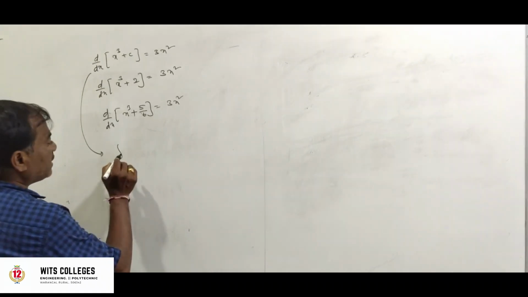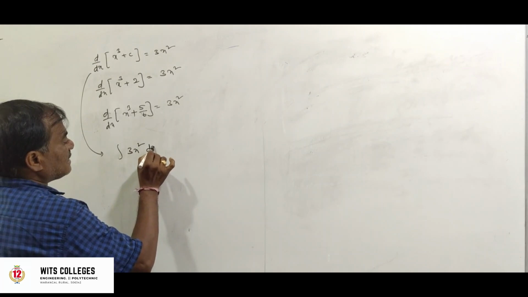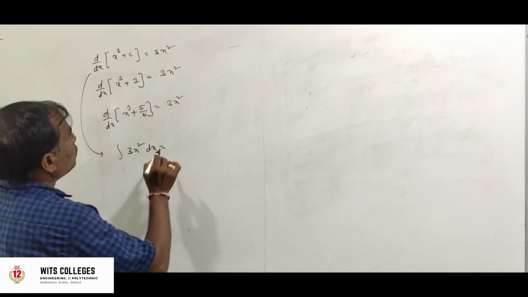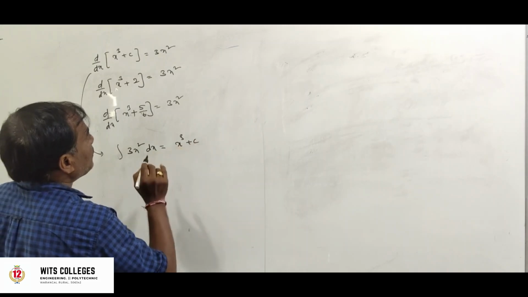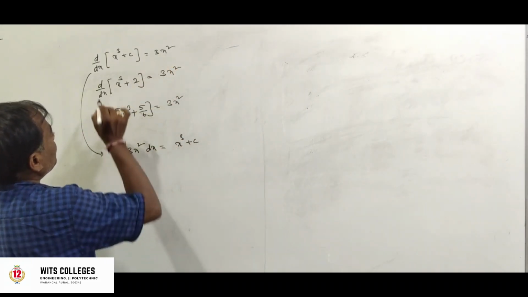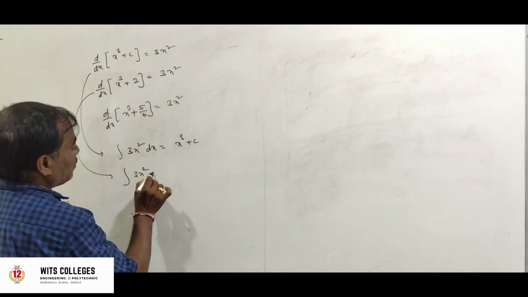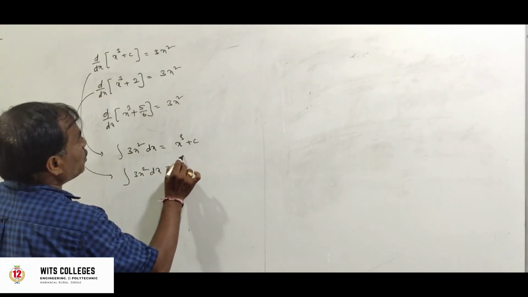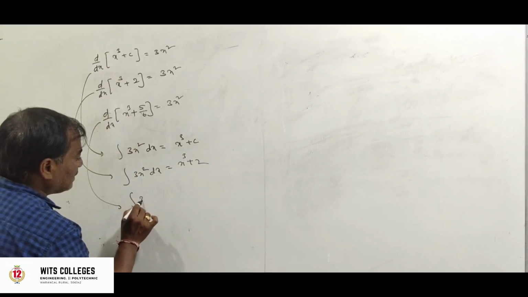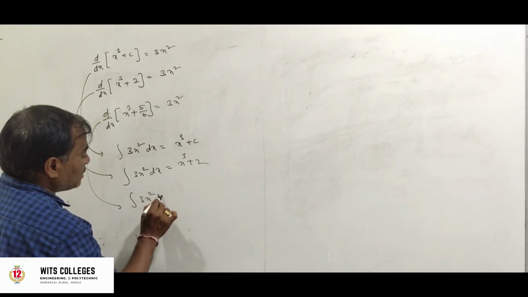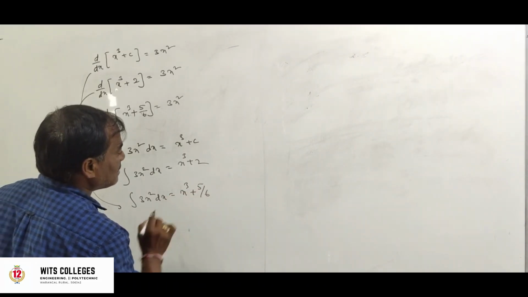So the integral of 3x square dx equals x cube plus c, and also x cube plus 2, and also x cube plus 5 by 6.